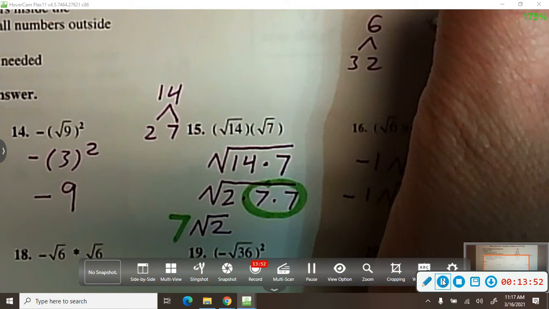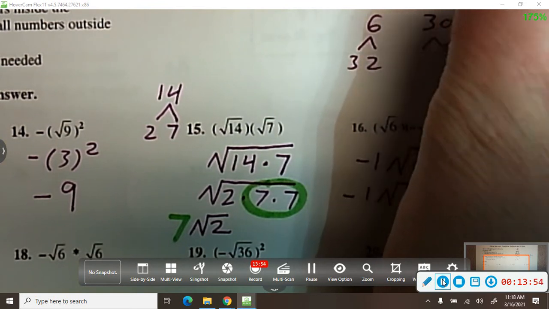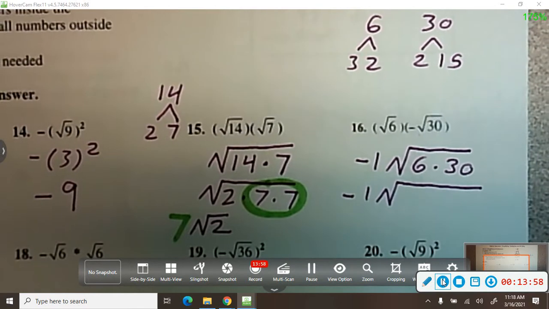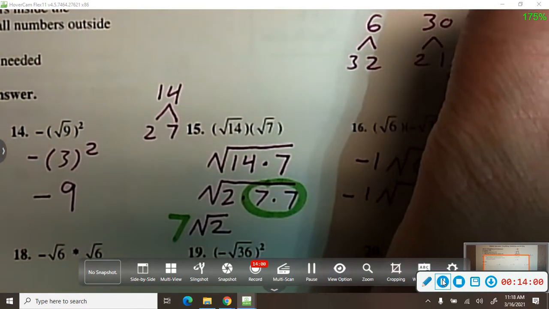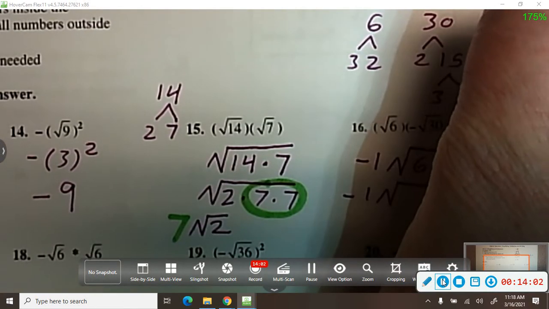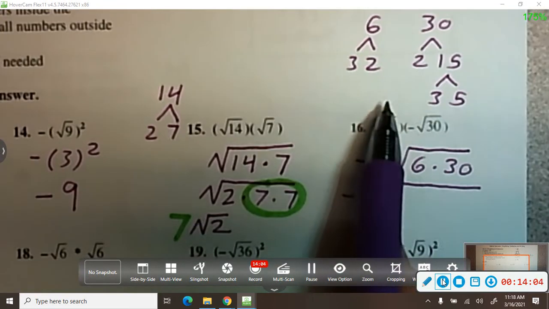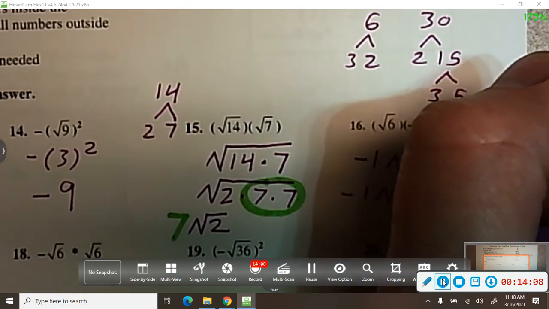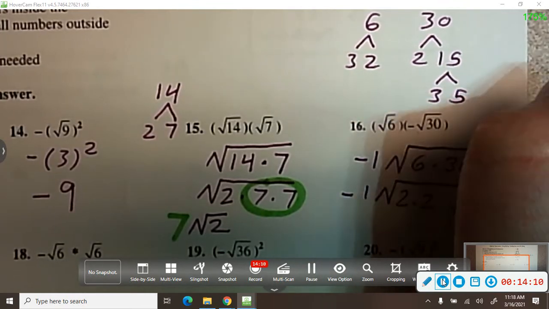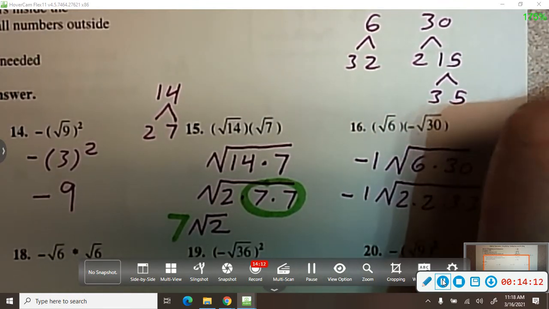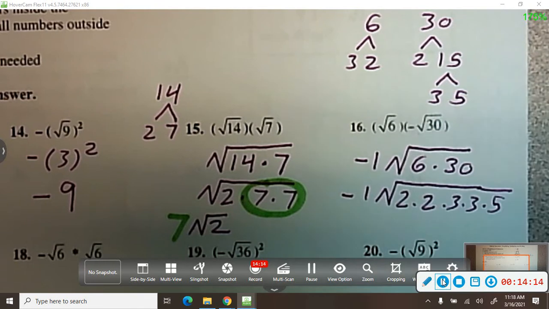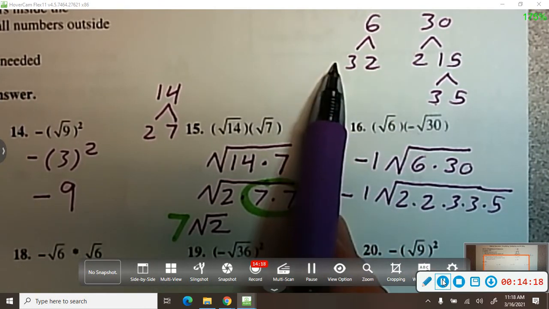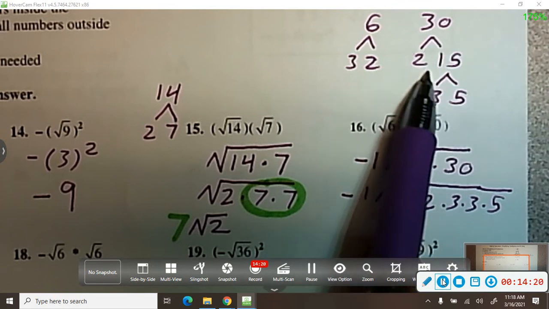And then 30 is 2 times 15. 15 is odd. 2 does not go into 15. Next number is 3. 3 times 5. So I'm going to put these in order. I'm going to put 2, 2, 3, 3, 5. So all I did was write 2, 2, 3, 3, 5. You don't put 15 because you broke it up.